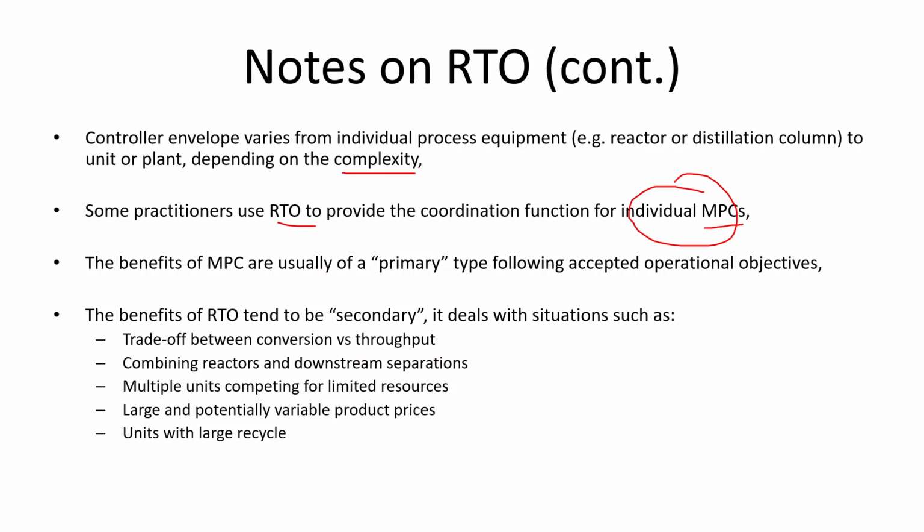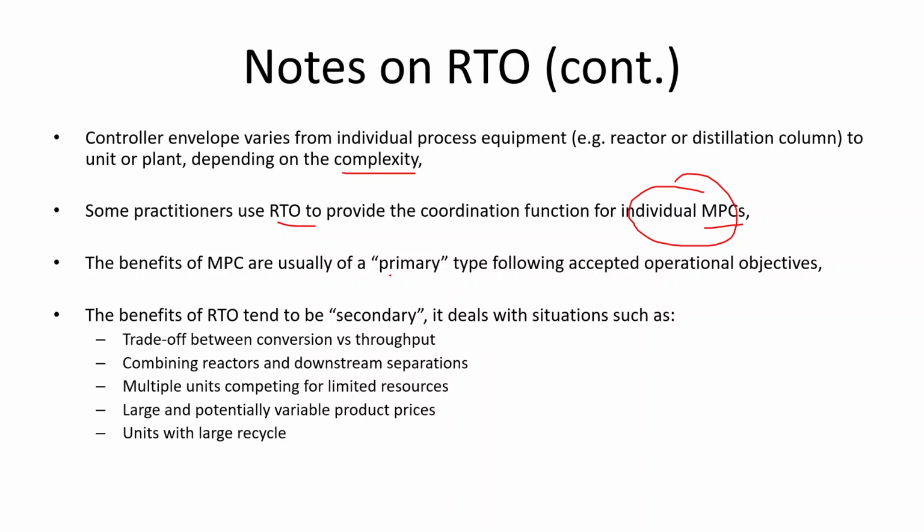But in the bigger picture, that product may not need to be maximized, and we have to do something else so that the profitability of the whole plant can be maximized. So one unit can be sacrificed for the greater good. This is from the point of view of the operation.